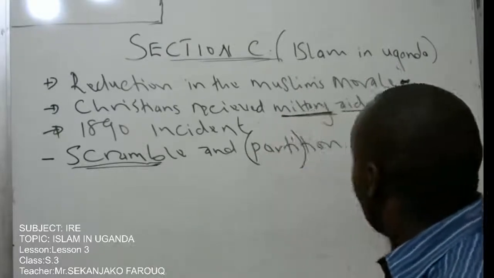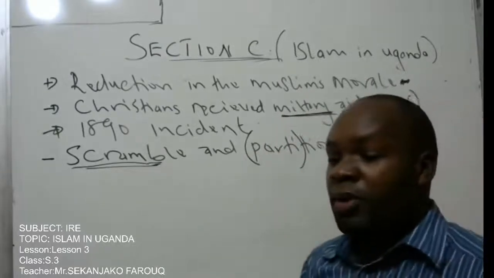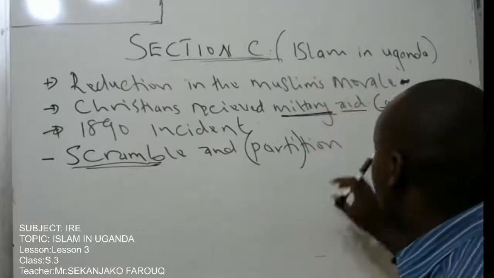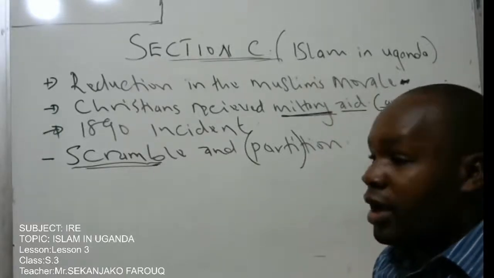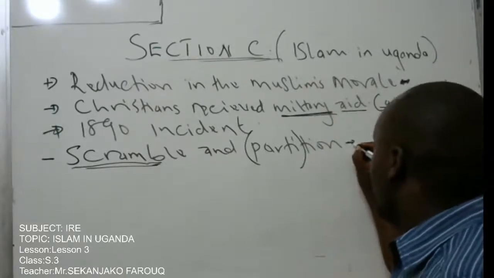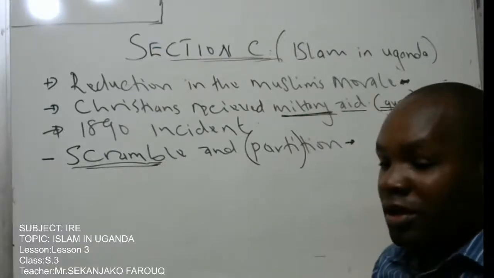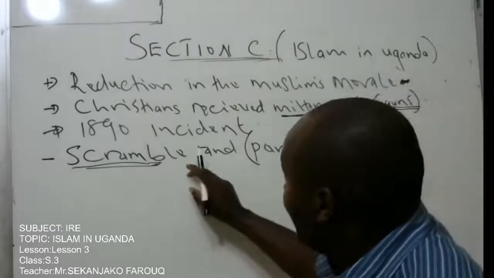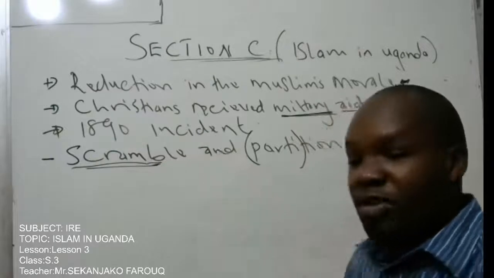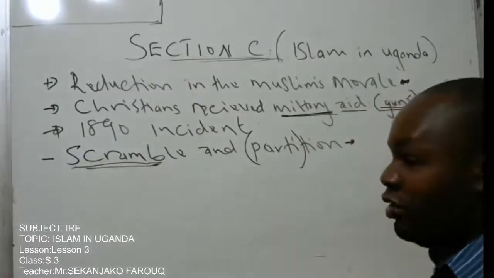So this was a time of scramble and partition, where the Europeans had a lot of interest in Buganda, Uganda and Africa in general. They came in because that was a time of industrial development.